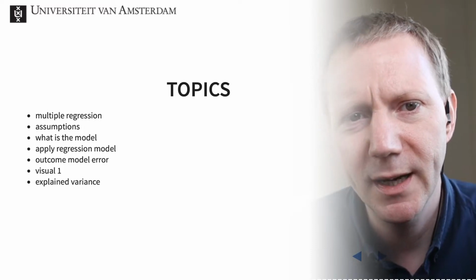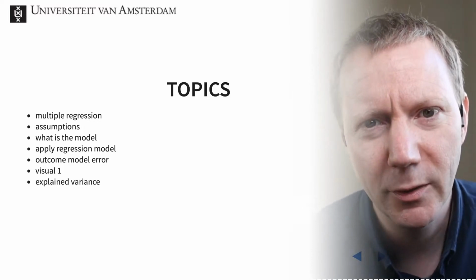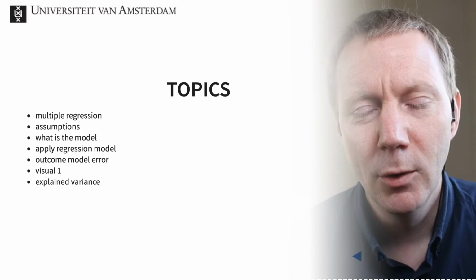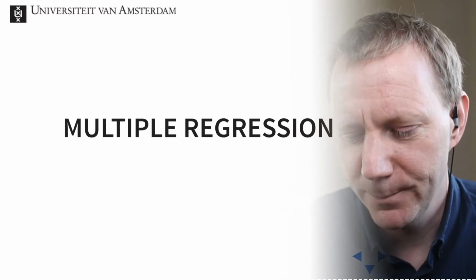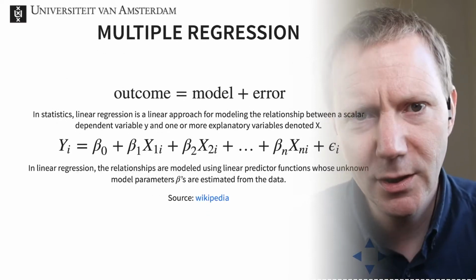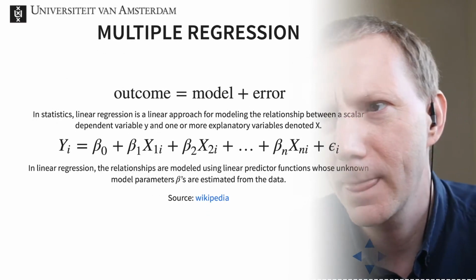And we'll try to look at how that relates to what we've been doing with ANOVAs. So that is up for today. So we'll start with just the regression model.